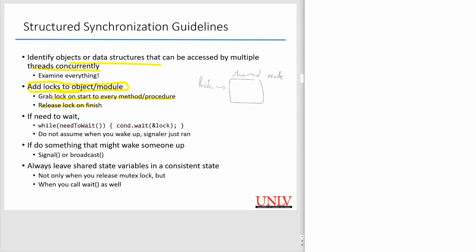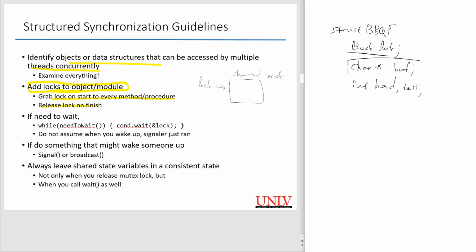when you declare a shared structure, for example a struct or class, you have an embedded lock. For example, if this is a BBQ, you have a lock here, and you have buffer, head, tail.